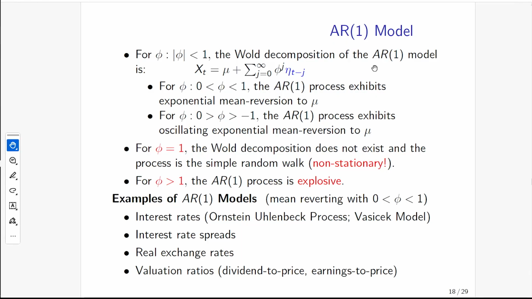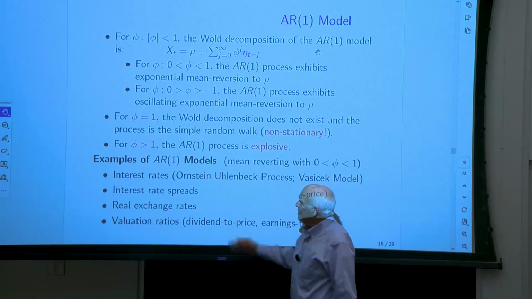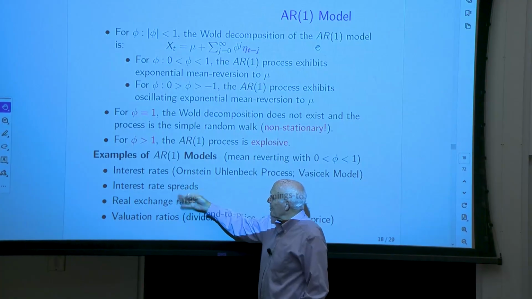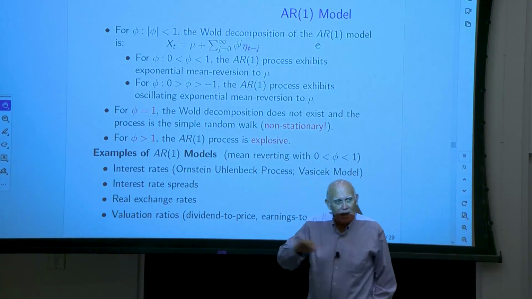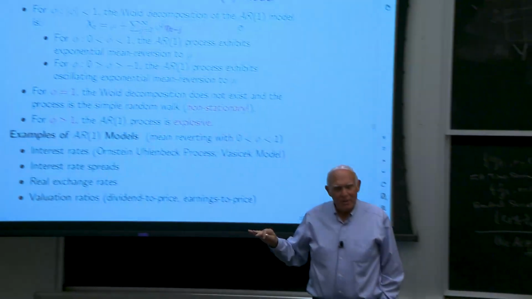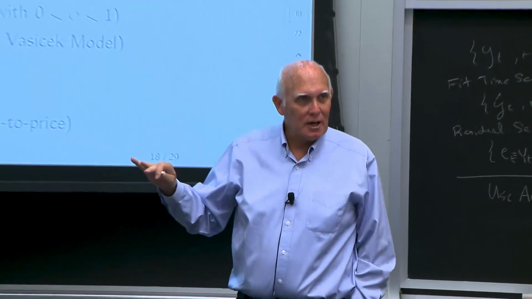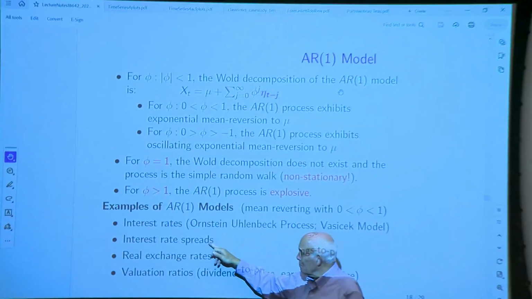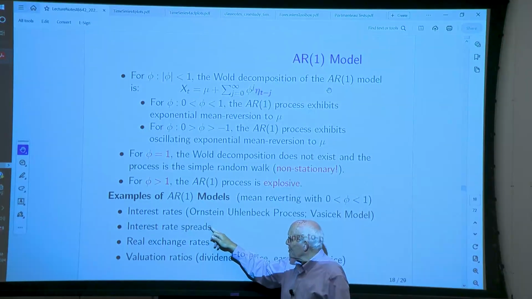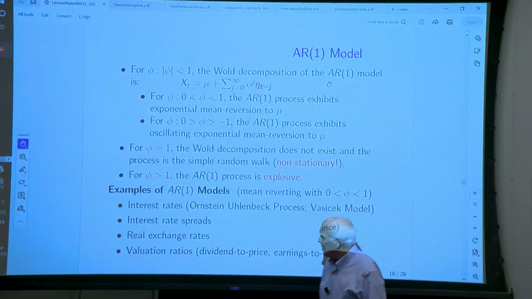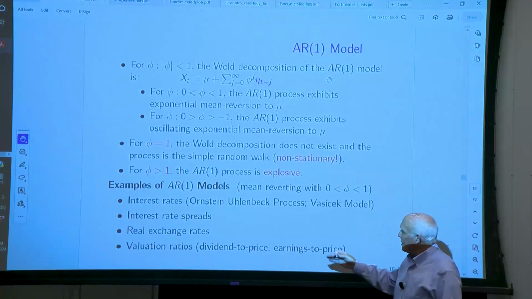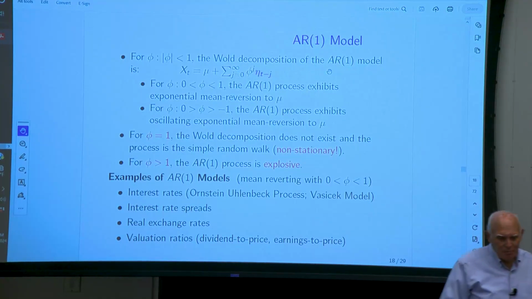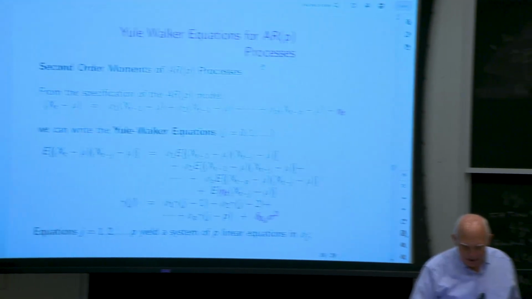With these other series, these are time series in financial markets where the level of the series is expected to be stable over time. So perhaps interest rate spreads would be modeled as being stable or stationary. Real exchange rates, perhaps, or valuation ratios. So these models arise in these application areas.